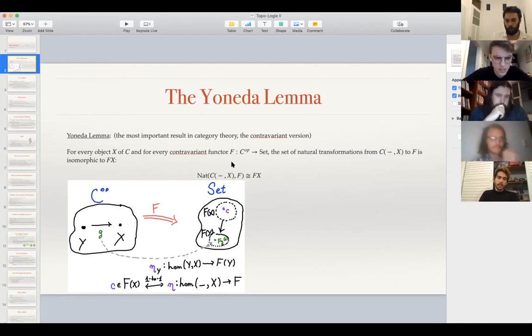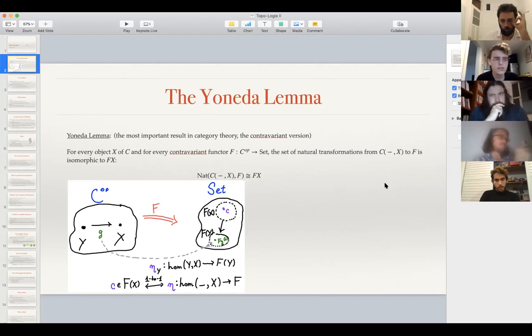Okay, that seems kind of confusing. But if we remember from last time, C blank X is the representable presheaf. We can really interpret it as X properly. That's really what the Yoneda lemma says. But even more, it gives a way to completely characterize any functor by the natural transformations from the representable functor.